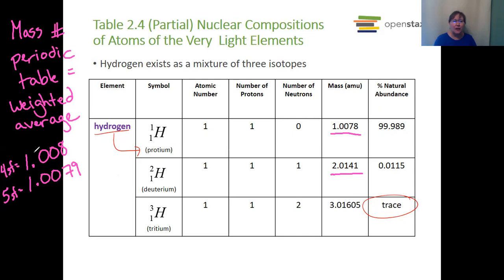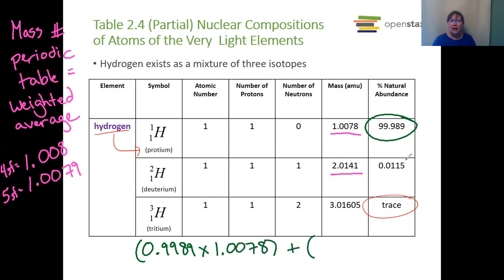All right, so the way we would find this weighted average from here is that we would see, okay, so you have this 99.989, and so you make it 0.9989 times 1.0078 plus, and now we look at this one, we have 0.0115%.